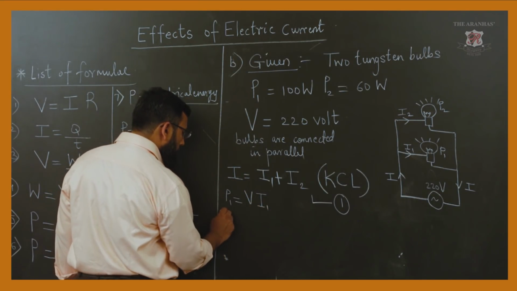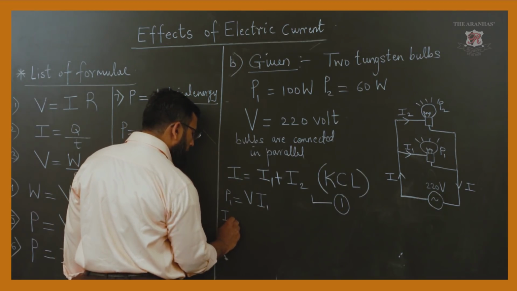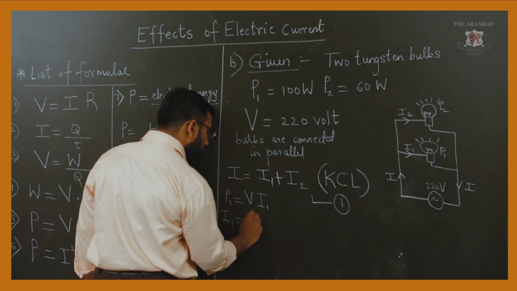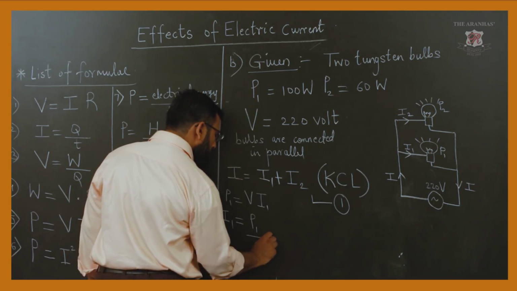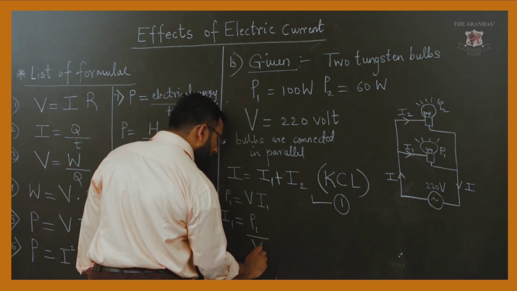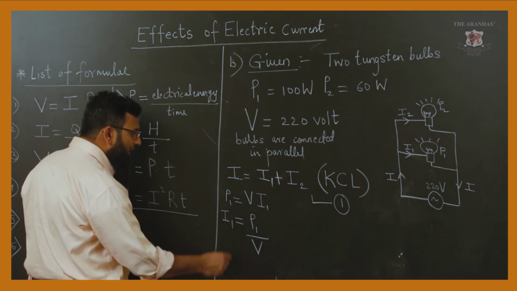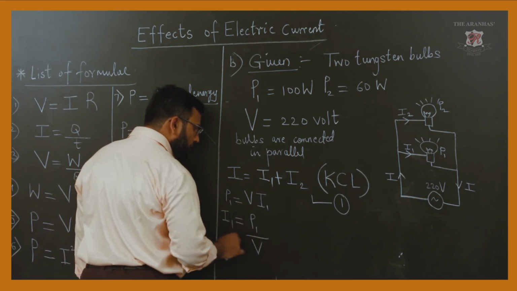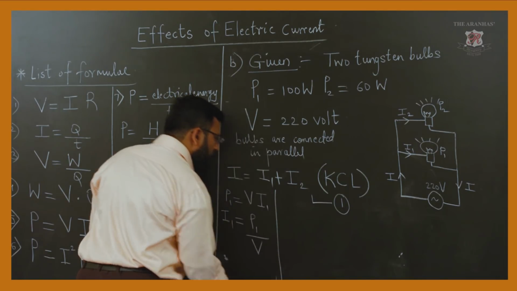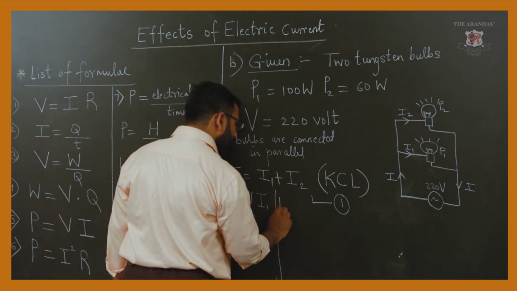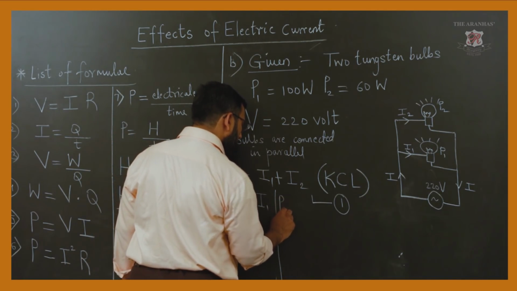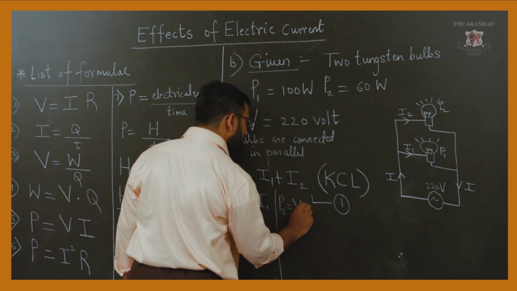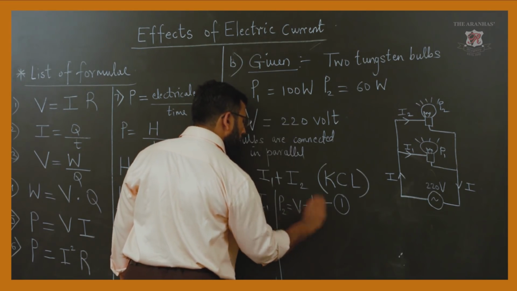So, I1 will be equal to P1 upon V. Comparing both, this is the first bulb, and the second bulb will have P2 equal to V times I2.